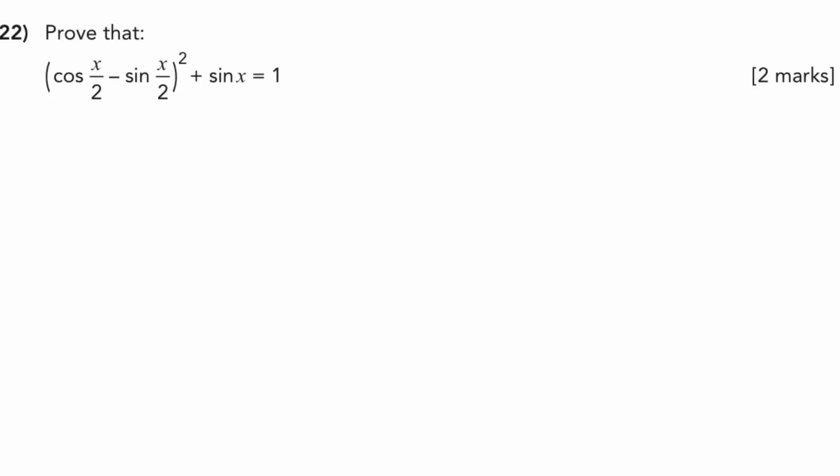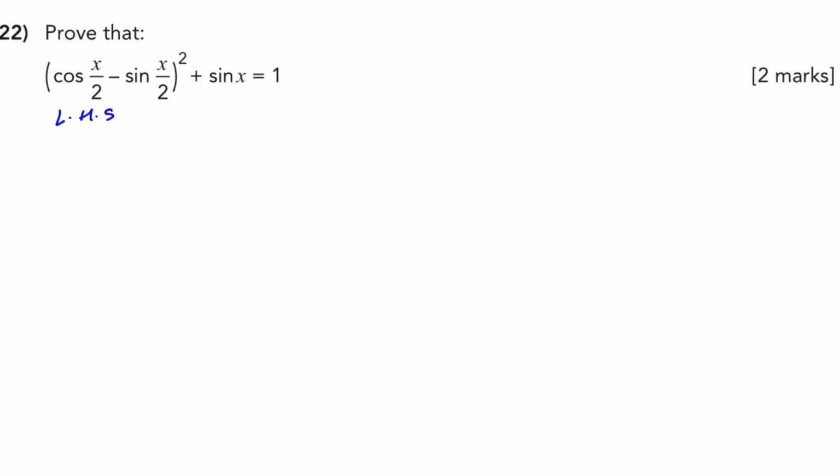So this is a proving question, and we have been given in the bracket cos x over 2 minus sin x over 2 square plus sin x is equal to 1. For proving, always choose the more difficult side. So we are going to choose the left hand side, and then we are going to use the identity a minus b bracket square.